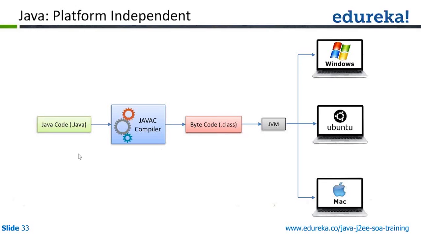The Java code that you write, when it is compiled, creates bytecode, which is a .class file, and this .class file is understood by the JVM. The bytecode class is not a class that can be directly understood by the operating system.